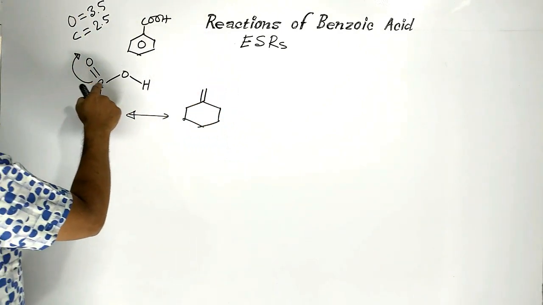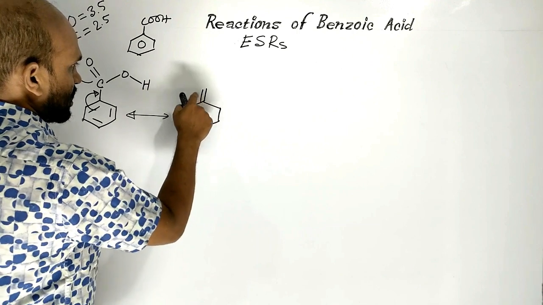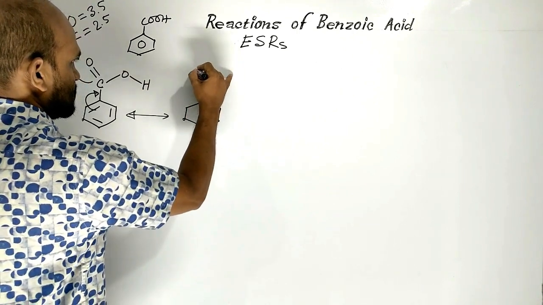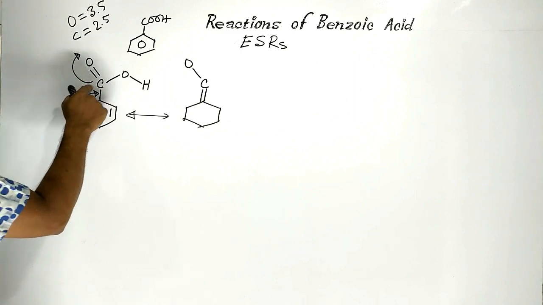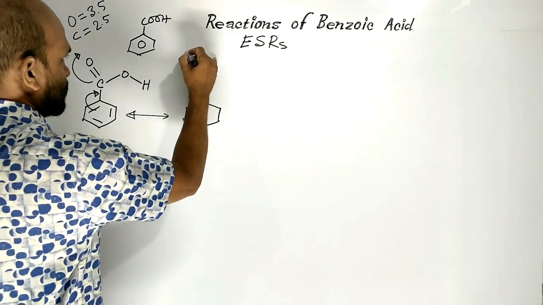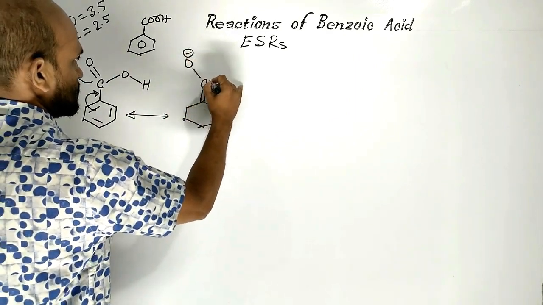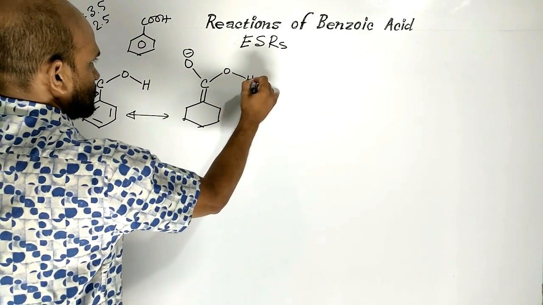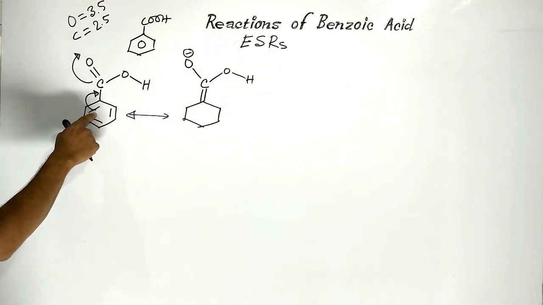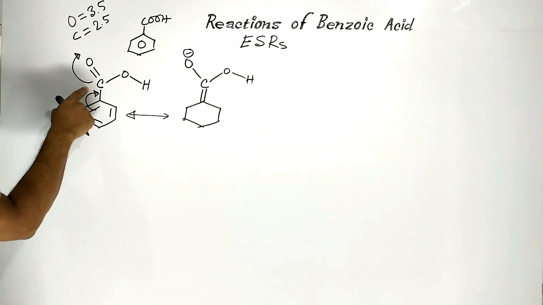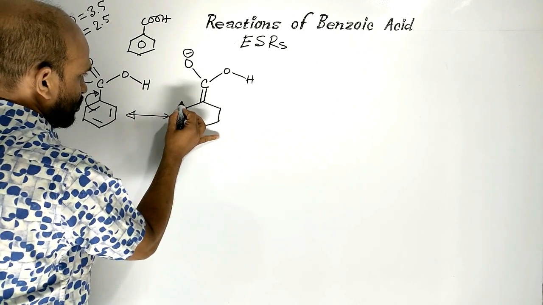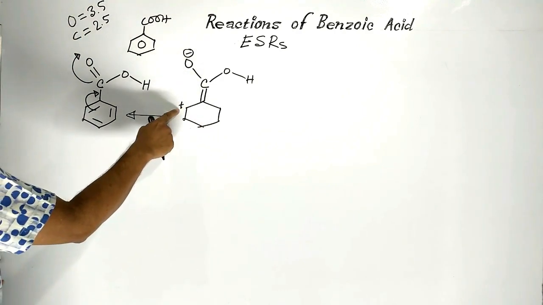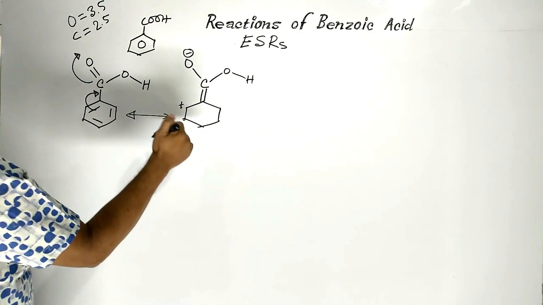Carbon-carbon single bond turns into carbon-carbon double bond. Carbon-oxygen double bond turns into carbon-oxygen single bond. Here, negative charge. When this pi bond moves here, this carbon, ortho carbon, becomes positive in charge.